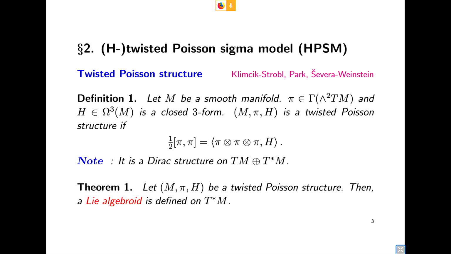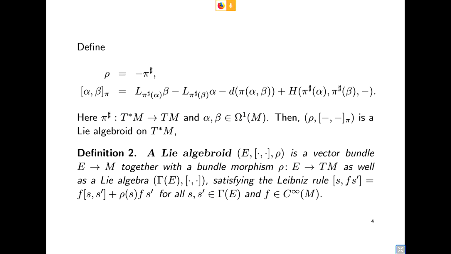What is this? This is the definition of a Lie algebroid. Maybe some people know it very well. A Lie algebroid is a vector bundle with two operations.